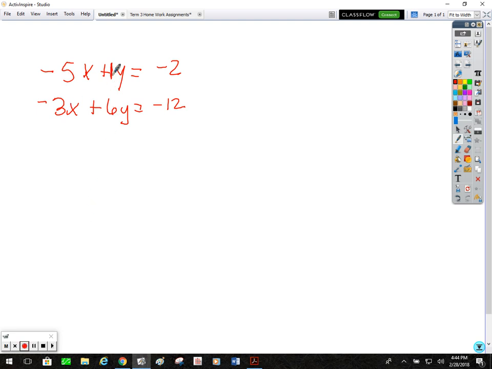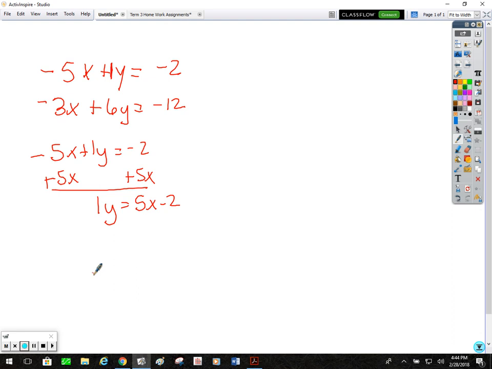What I want to look at here is right now I know I can solve for this one. So let's just bring it right down here. And I want to solve this for y. So I'm going to move this 5x to the other side. So I have 1y is equal to 5x minus 2.